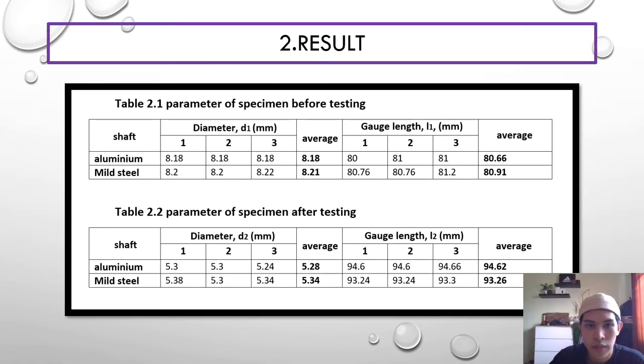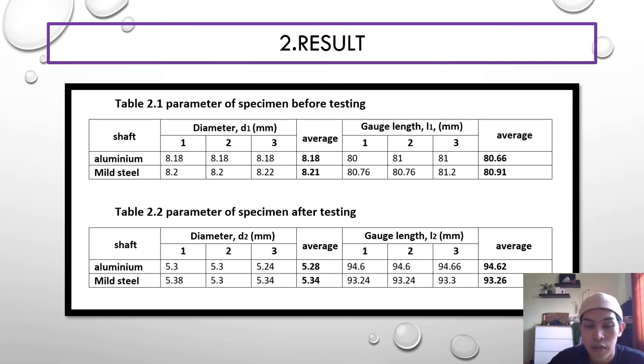Now we're going to talk about the result. As you can see there, the above result is for before testing. Diameter before testing for aluminium is 8.18 mm and length before testing for aluminium is 80.66 mm. While for mild steel, the diameter before testing is 8.21 mm and the length before testing is 80.91 mm.